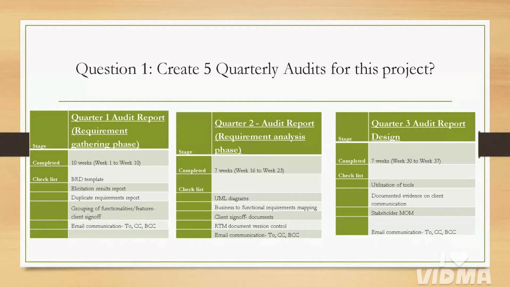We will convert the business requirements to functional requirements, and then we will take the sign-off from the client, meaning approval from the client on what functionalities we should implement in the project. And we will maintain the RTM document to trace the requirements. That's how we need to prepare the audit.